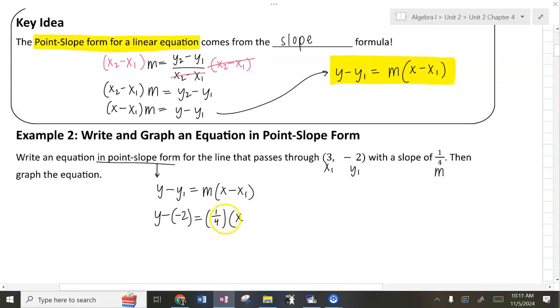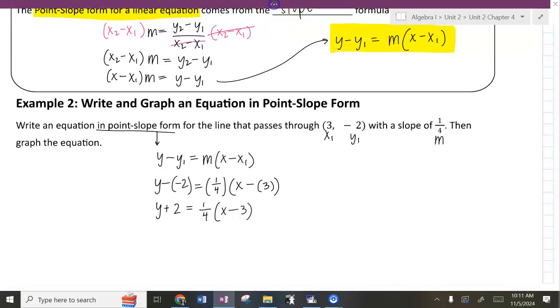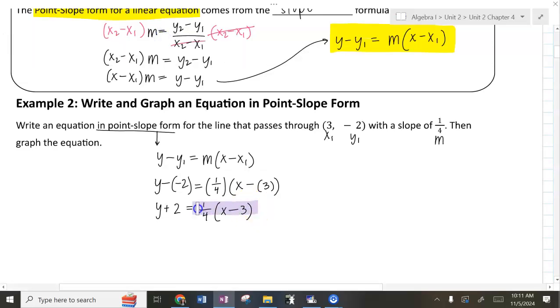You put in 1/4 for m, the slope, and you put in 3 for x1. Now to simplify it, minus a negative is the same thing as adding, so you would write this as y plus 2 equals, you can drop that parentheses, 1/4 times x minus 3. That's the final answer for the equation of the line in point-slope form.